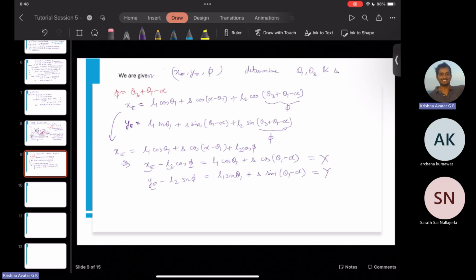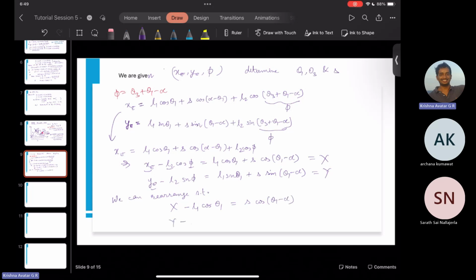Now, what we can do here is rearrange such that X minus L1 cosine theta 1 is equal to S into cosine theta 1 minus alpha.